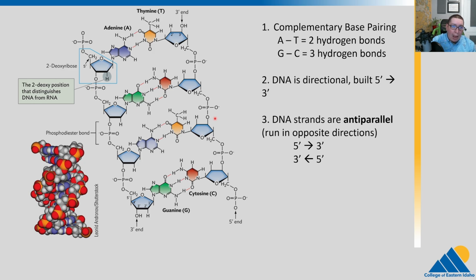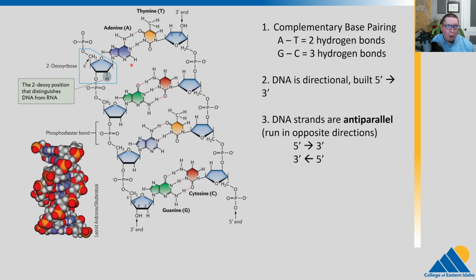How do these bases pair up? Well, it has to do with hydrogen bonding. Remember we talked about our different types of bonds. In this case, hydrogen bonding holds A and T and G and C together. A and T will form 2 hydrogen bonds, and G and C will form 3.